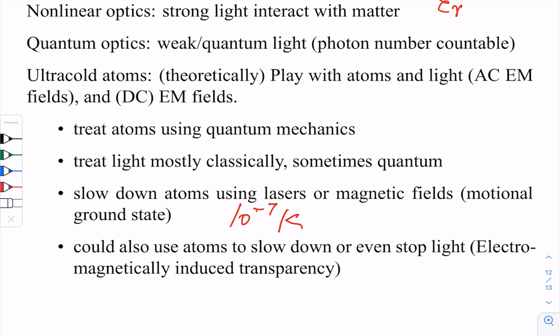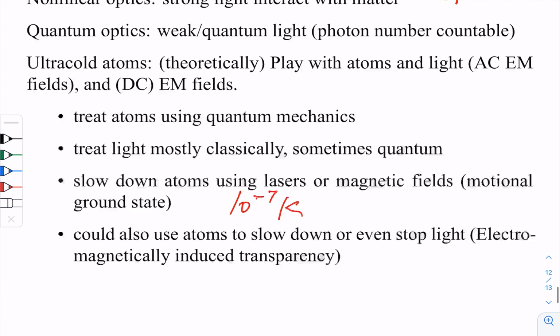Finally, I want to mention that not only can we use light to slow down the motion of atoms, we sometimes can also use atoms to slow down the motion of light. We can even stop the motion of light. It's called electromagnetically induced transparency.